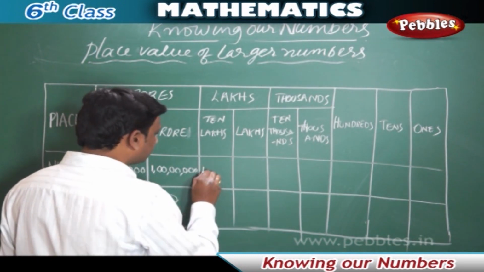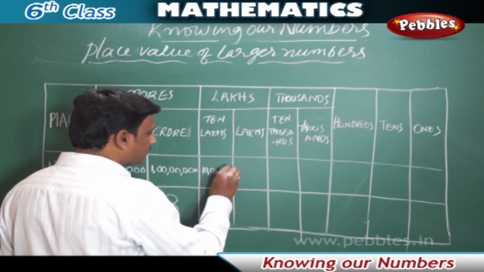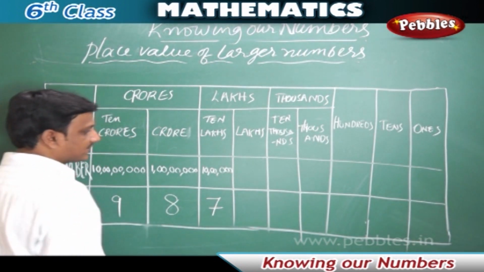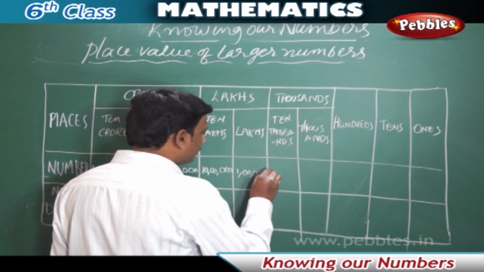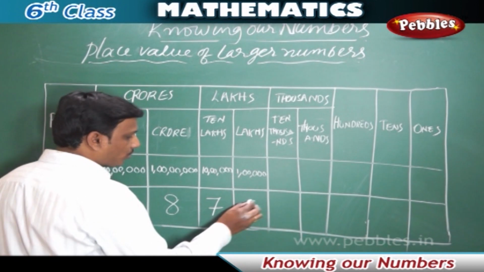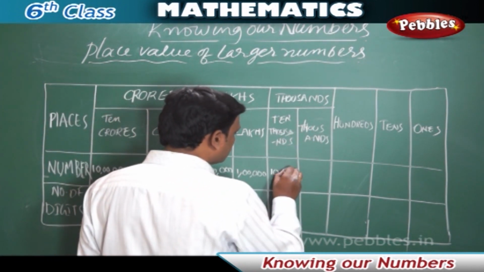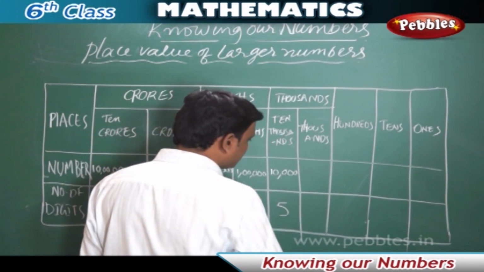Now 10 lakhs: 1, 0, 0, 0, 0, 0, 0. So here 7 digits. Lakh: 1, 0, 0, 0, 0, 0. So 5 zeros and 1, total digits 6. And look at 10,000s: 1, 0, 0, 0, 0. 10,000 has 5 digits.